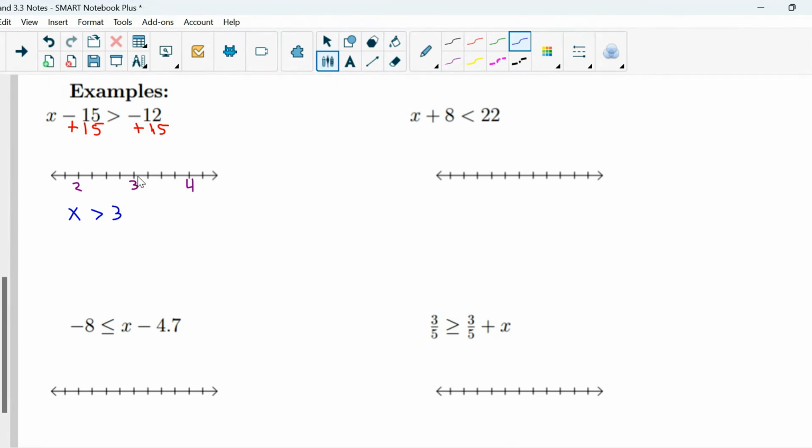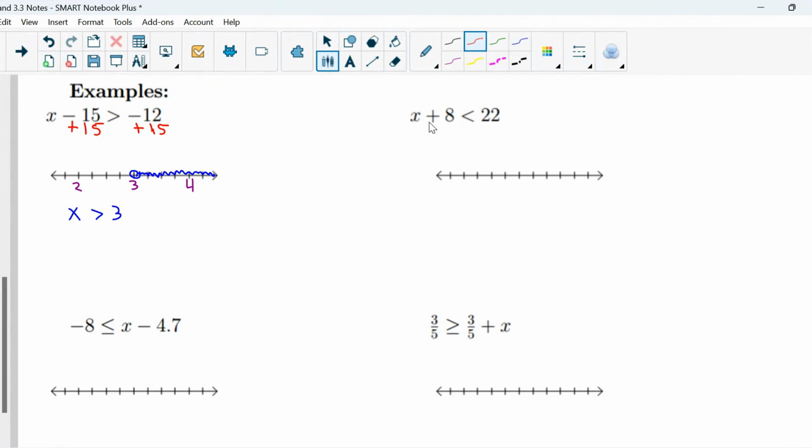This point is going to be an open point since we just have a greater than symbol. Well, since our variable is on the left, we will shade the direction that the inequality is facing, which is to the right. So we will shade the positive direction or the side that is greater than 3, which is what our inequality reads.